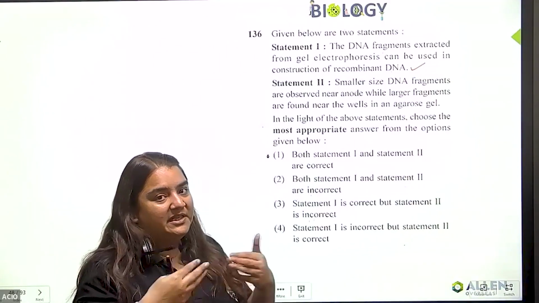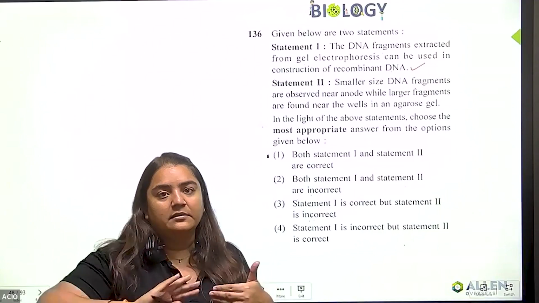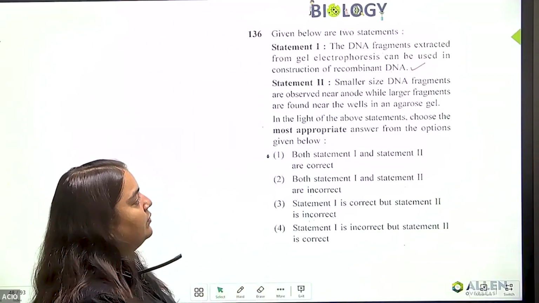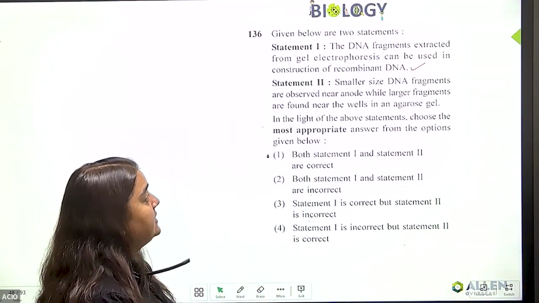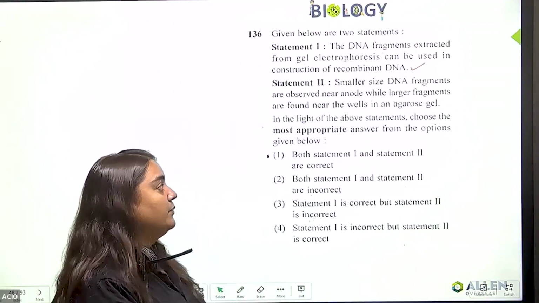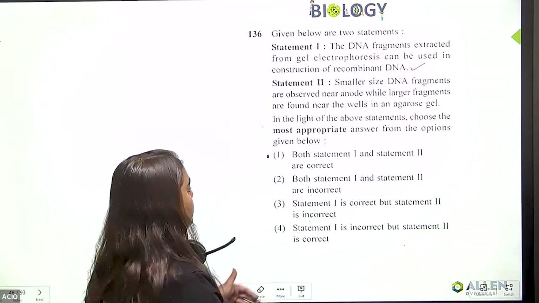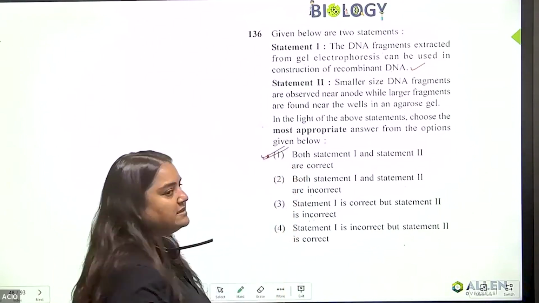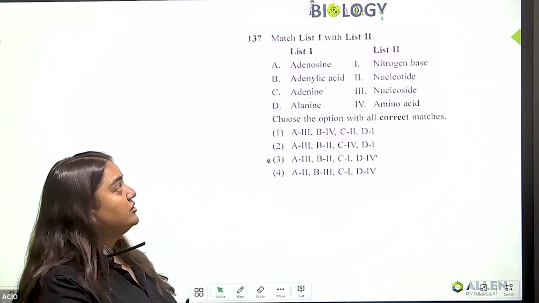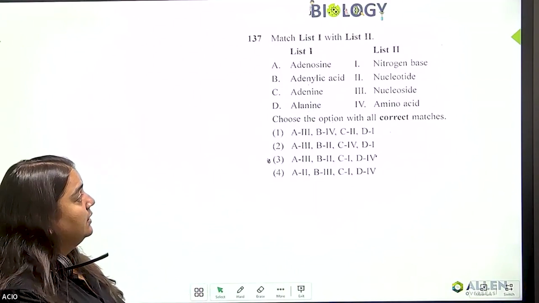So larger fragments will be near the cathode or near the wells, and the smaller ones will be moving to the anode that is positively charged. Both statements are perfectly fine, correct statements. Okay, let's match list 1 and list 2.